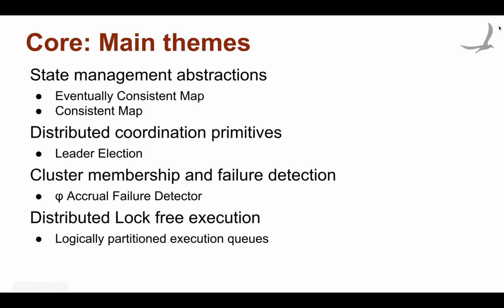So if you have a map abstraction, the key space is divided into different partitions, and each partition is, think of it as a small consensus ring that manages state that maps to that partition.